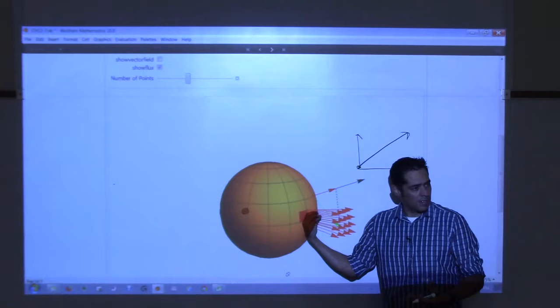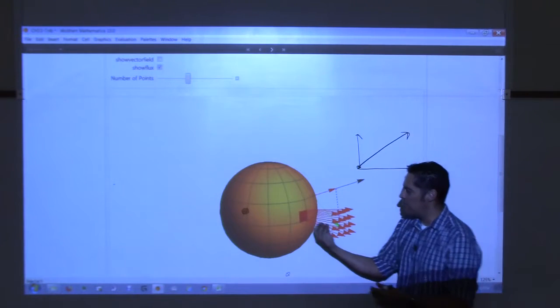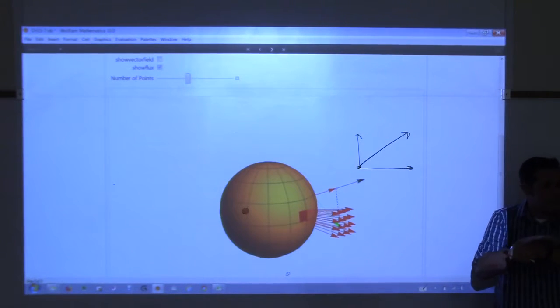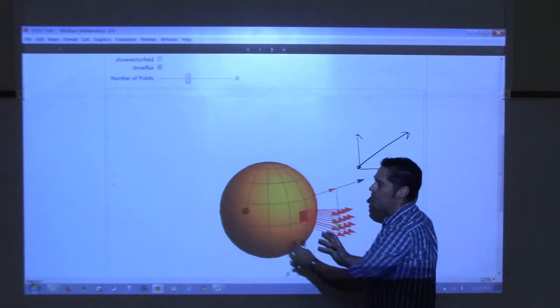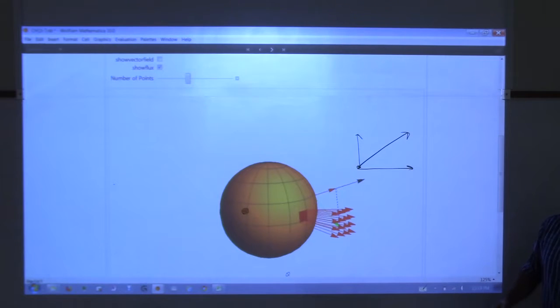And they call that flux. All right, but water is always easier to visualize. So imagine you've got water trying to flow out of this little patch. This is measuring the amount of flow through that patch. And then what you're going to do is add up all that flow on the entire surface. That's what your surface integral will give you. Does that kind of make sense?